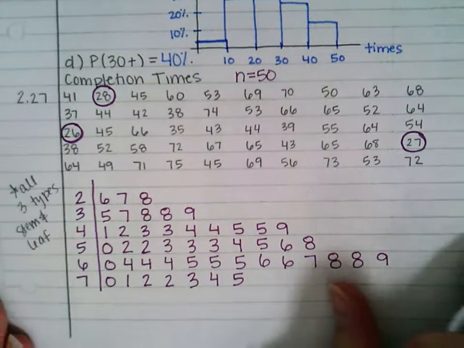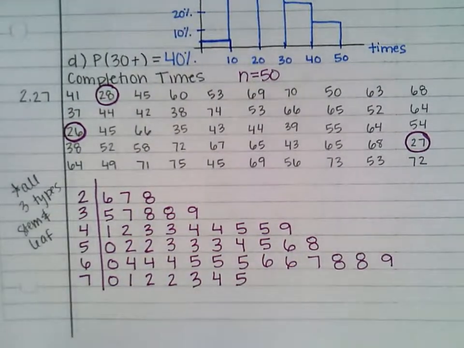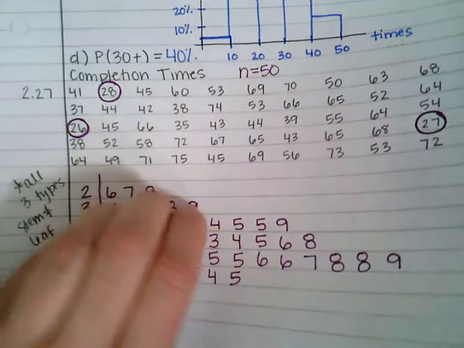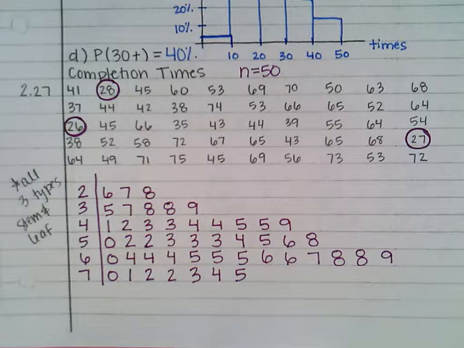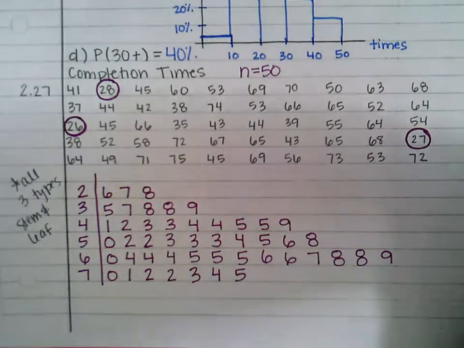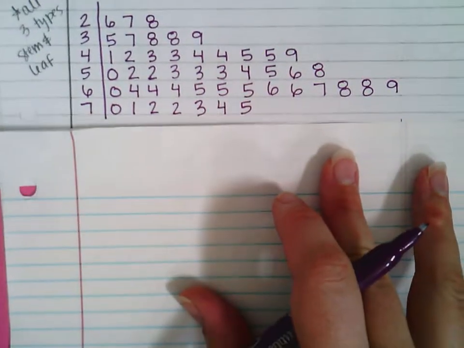Now, this problem wanted us to do all three of the stem and leaf type plots. So I'm going to grab a blank piece of paper to add on to this. The first one would be a split plot. If I wanted to split this plot, I don't even need to look at the original data set because I have all the data right here.